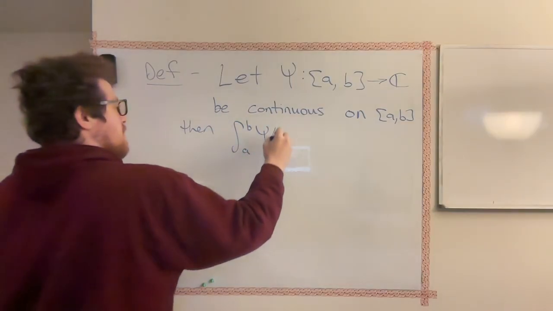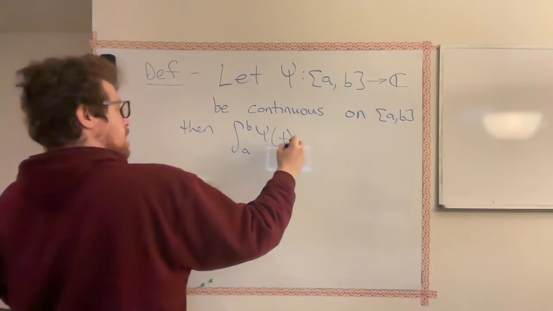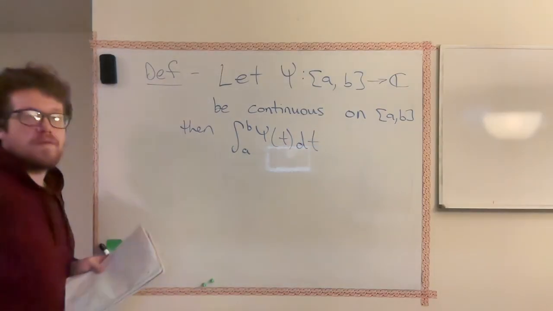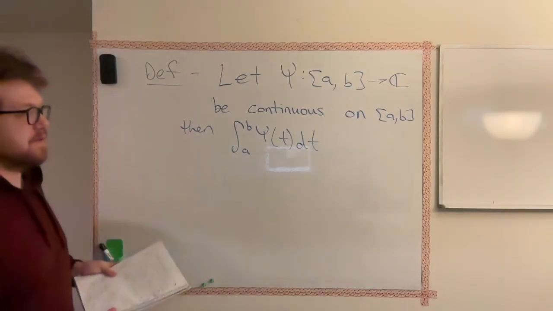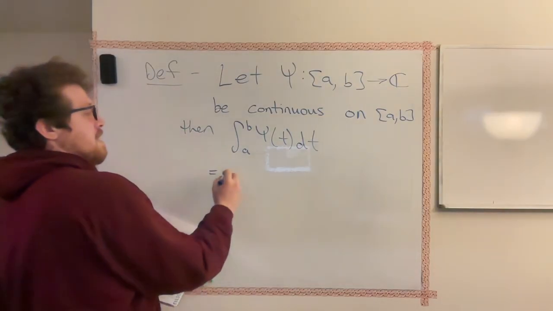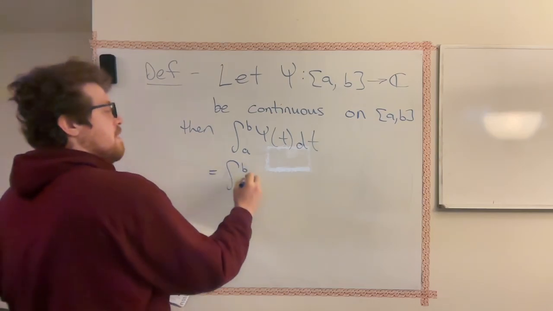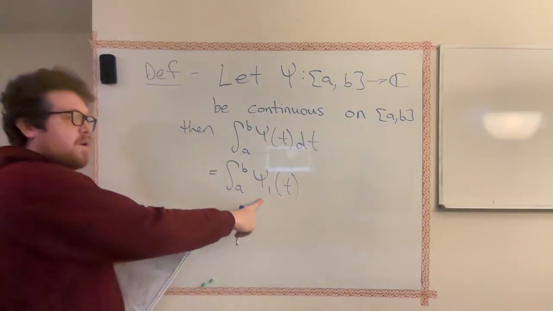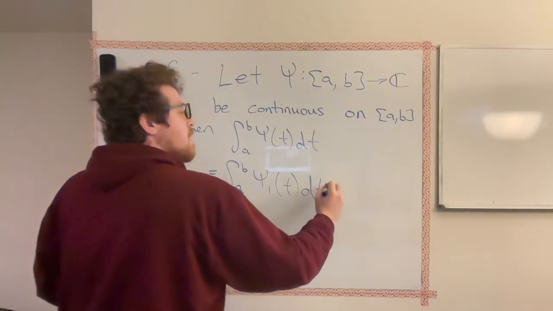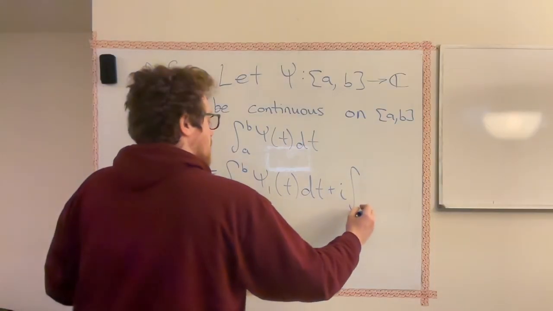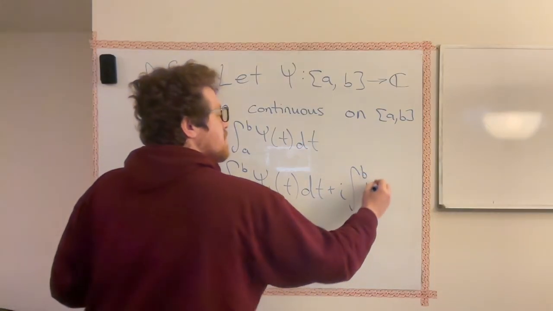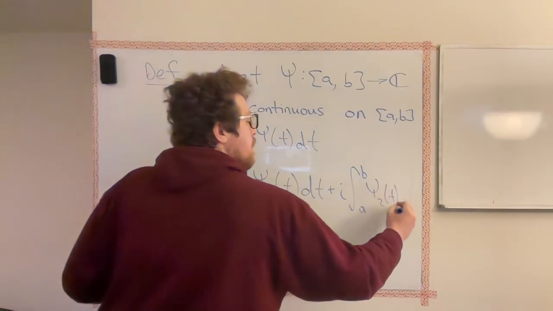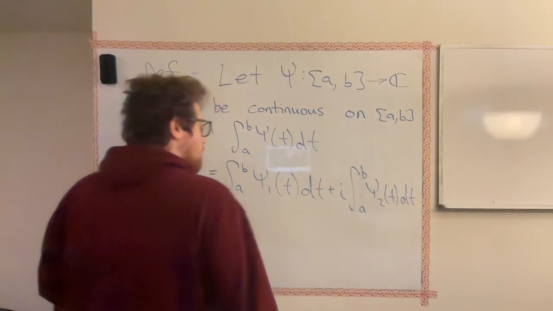of psi of t is just going to be defined to be the integral of the real part plus i times the integral of the imaginary part. So it's the integral from a to b of the first part, which we'll call psi 1 of t dt, plus i times the integral of the imaginary part, which we'll call psi 2 of t dt.